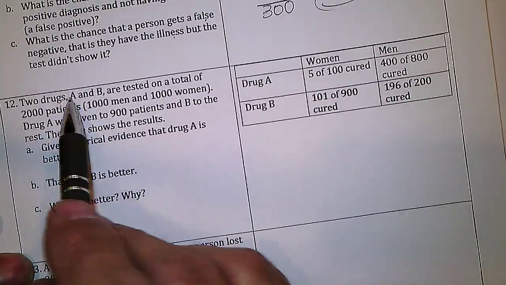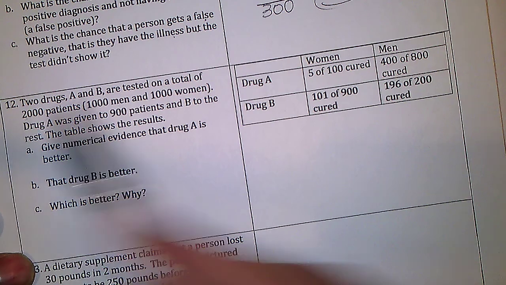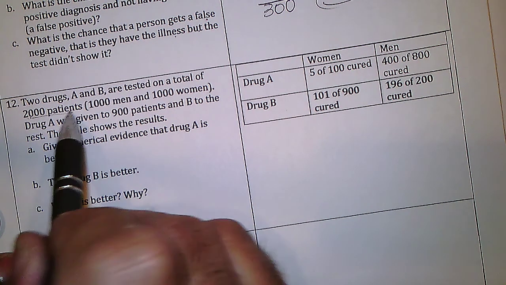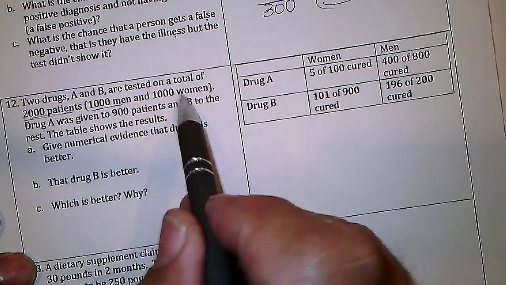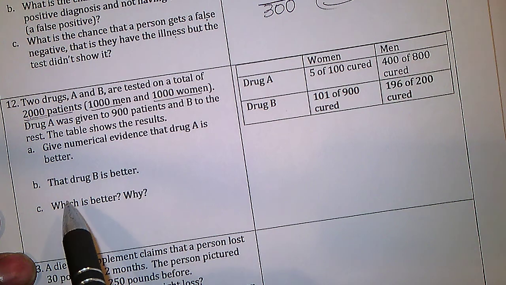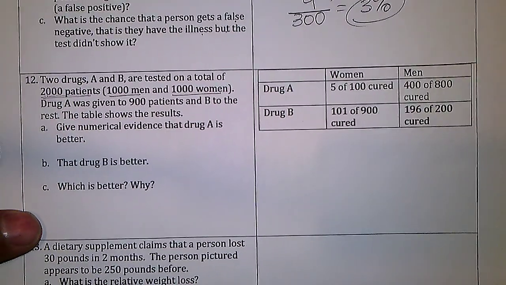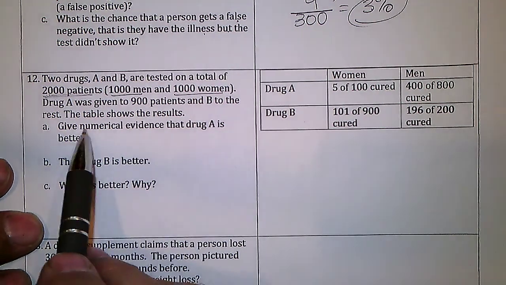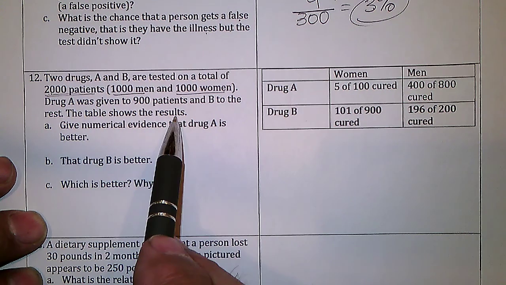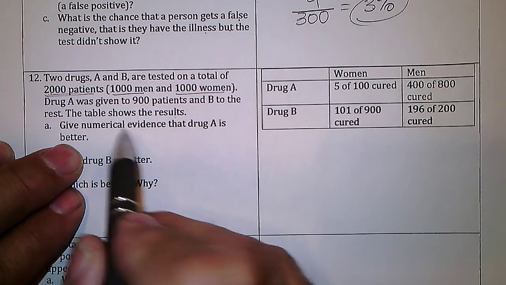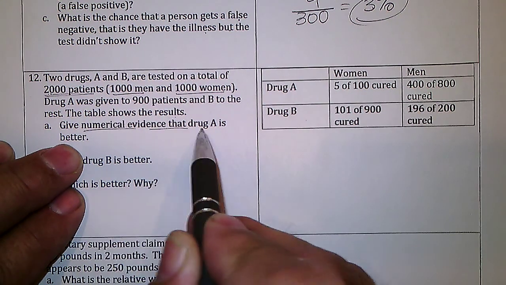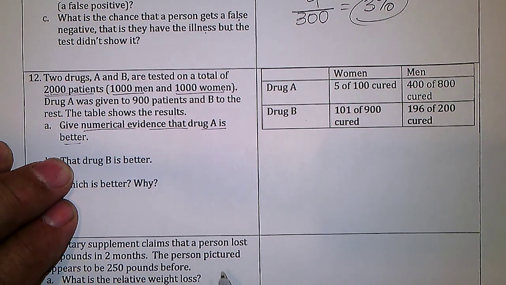2 drugs, A and B, are tested on a total of 2,000 patients, 1,000 men and 1,000 women. The table shows the results. Give numerical evidence that drug A is better.